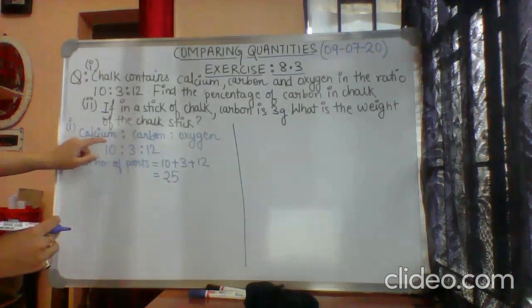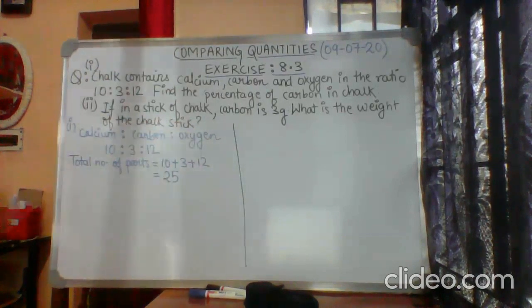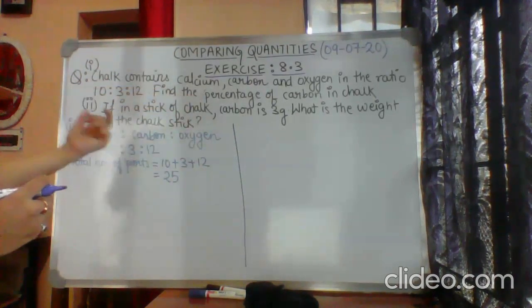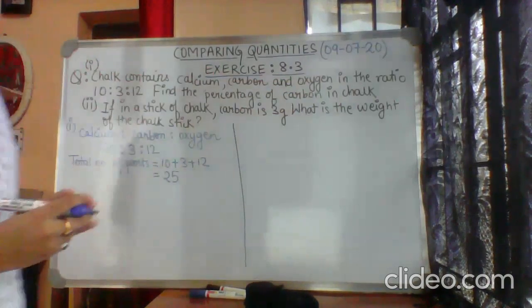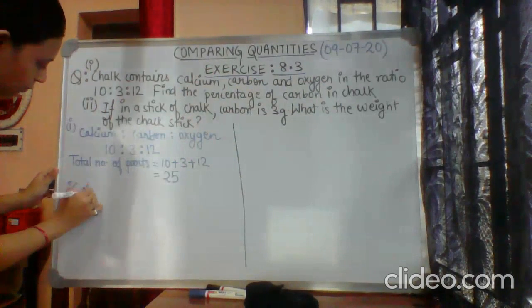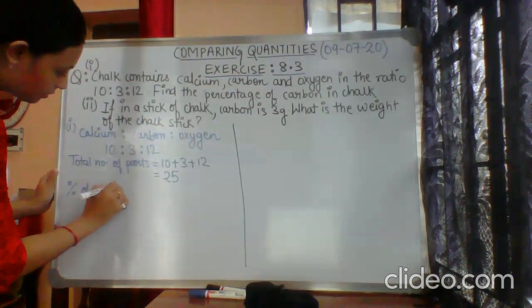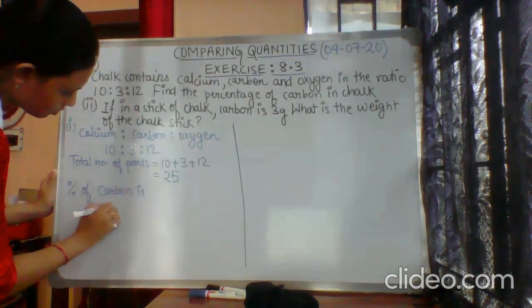Now we have calculated the total number of parts and we also have the number of parts of each of them: calcium, carbon and oxygen. Now read the question. Which percentage are they asking? Percentage of carbon in the chalk. So we have to calculate the percentage of carbon in the chalk.